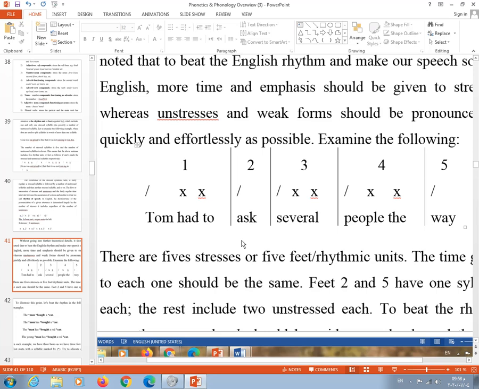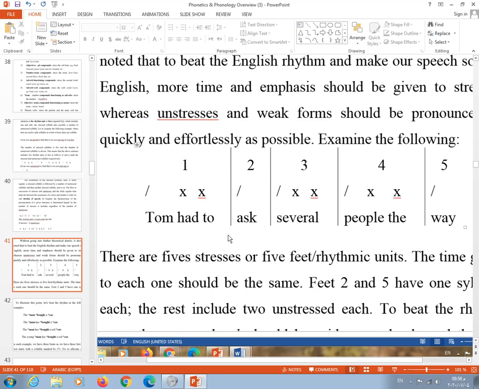So here the speaker is focusing on some syllables which are important to meaning, because stress has to do with meaning elements, and unstressed syllables are not important. Sometimes they are dropped altogether. Okay, and this is how we beat the English rhythm.